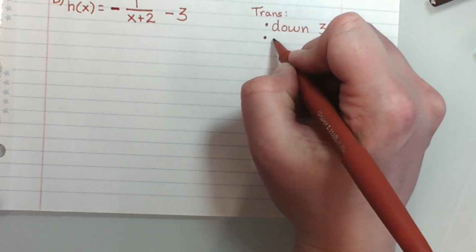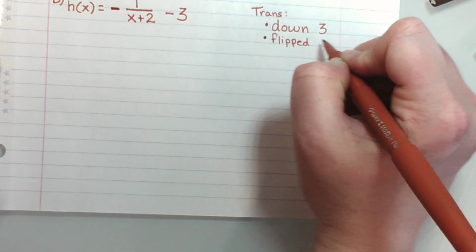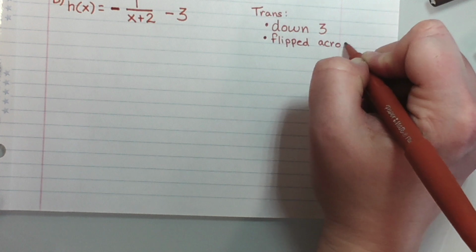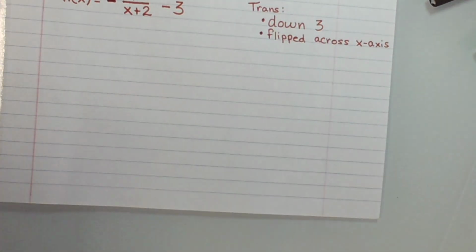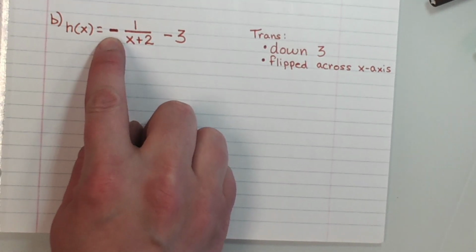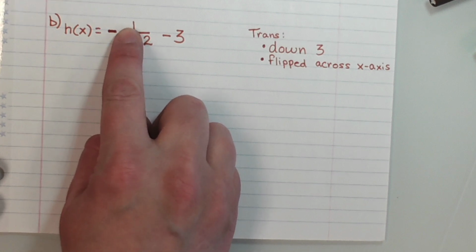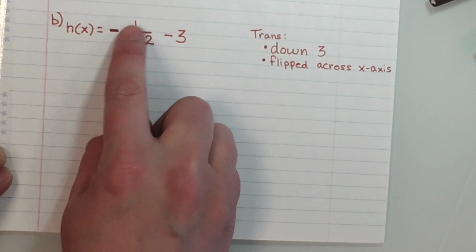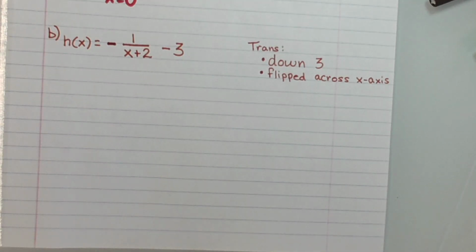Yes, it's flipped across the x-axis, or reflected across the x-axis. Speaking of that one, this negative right here is the same as a negative being on the top of the fraction. So that is one that people tend to miss. But a negative here and a negative up top are the same thing when it's just a single number up top anyway.